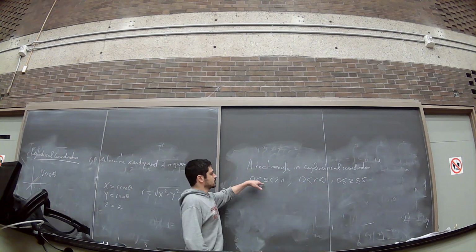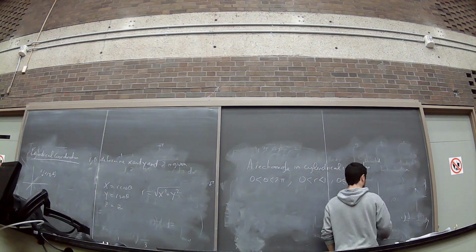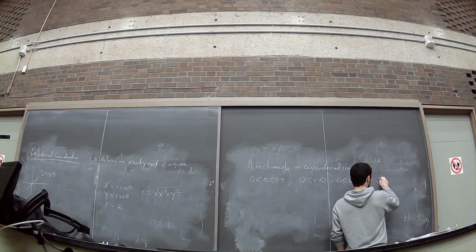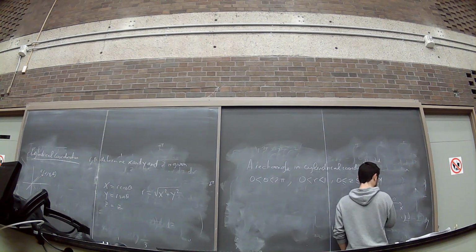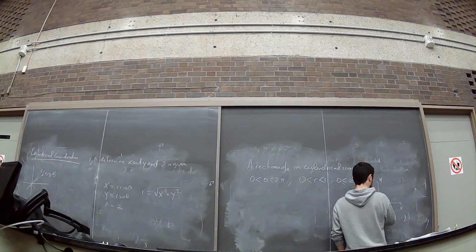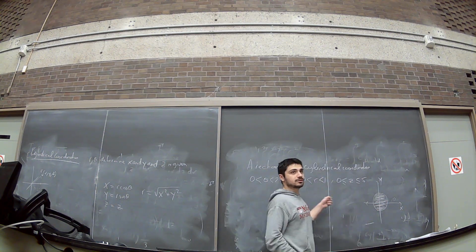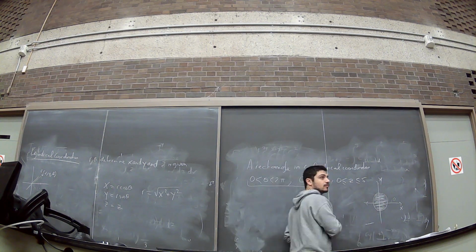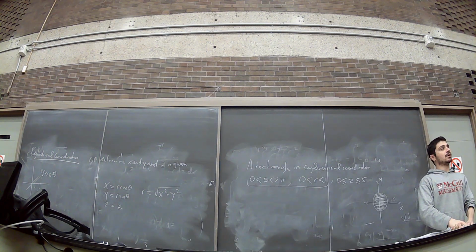How do you draw this in the plane, r and theta? In the xy plane, this is a circle of radius 1, a disk of radius 1, do you agree? Everybody, do you agree? This is a disk of radius 1.